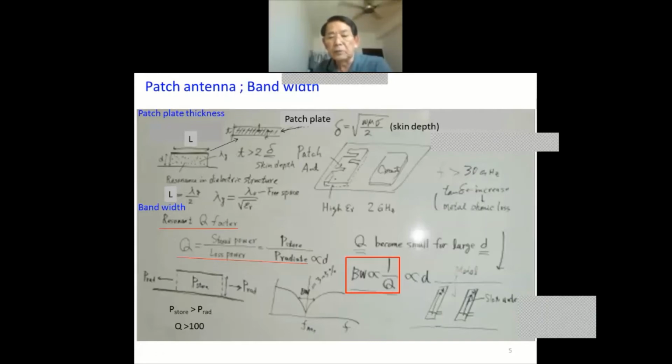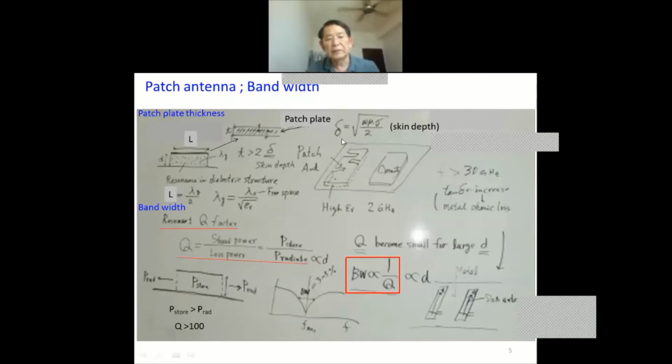Bandwidth. Before bandwidth, some touch on plate thickness. In the previous discussion, if we use the metallic wire or metallic plate, the thickness becomes very important.